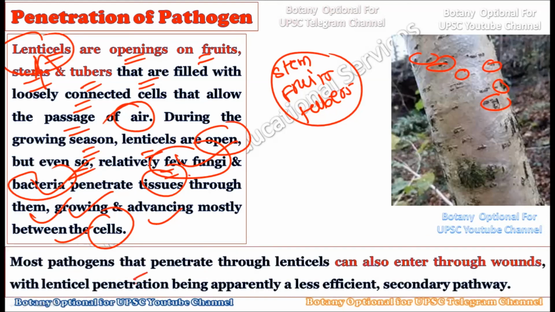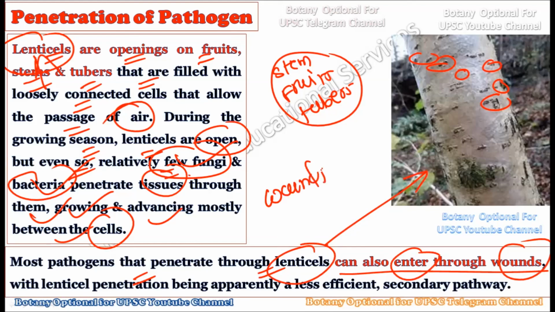Okay, now see, most of the pathogens that penetrate through the lenticels can also enter through wounds. So whatever pathogens use the lenticel as an entry to grow within the plant body can also enter through wounds, because wounds are also openings in the plant body, and these pathogens can use wounds just like they use the lenticels. Now lenticel penetration is apparently less efficient and a secondary pathway.